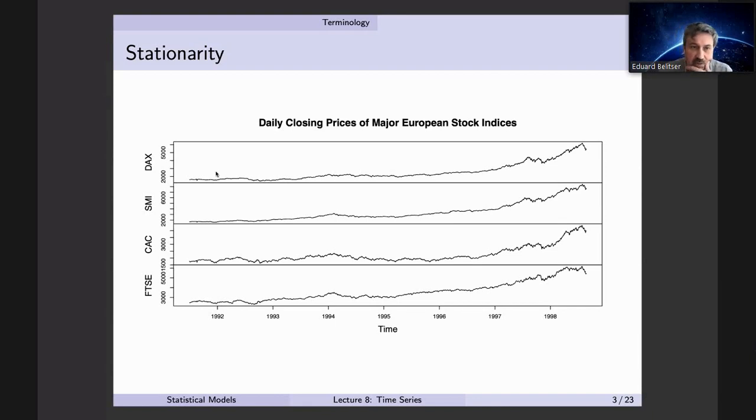These are different stocks, and you see they all grow, and then they all fall. Nobody can deny that. So all these models with independent random variables are not based on independence.